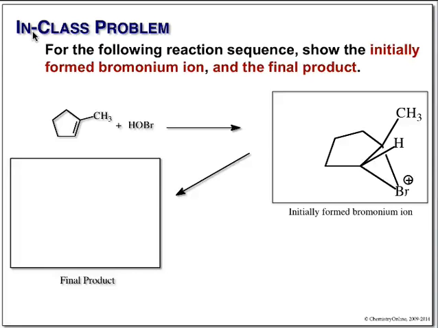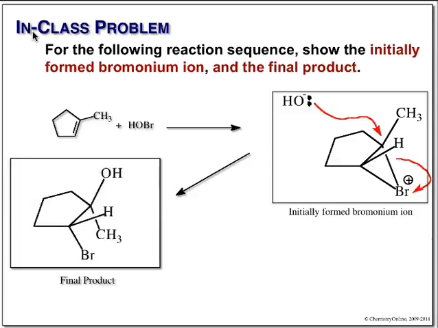So what happens next is hydroxide is simply going to come in, attack here, our ring opens, and we wind up with the trans halohydrin. And that would be a perfect answer on the exam.